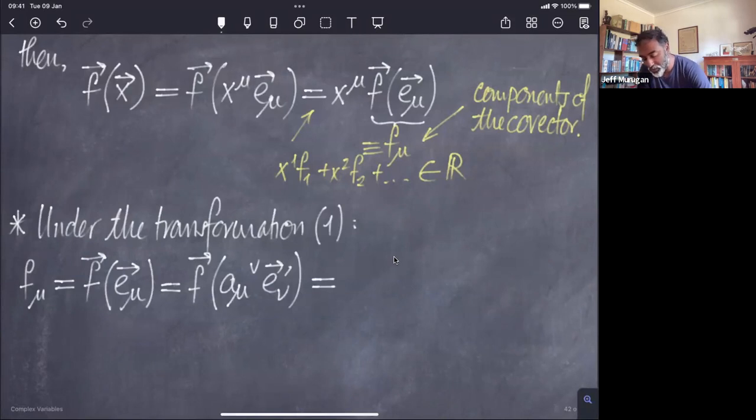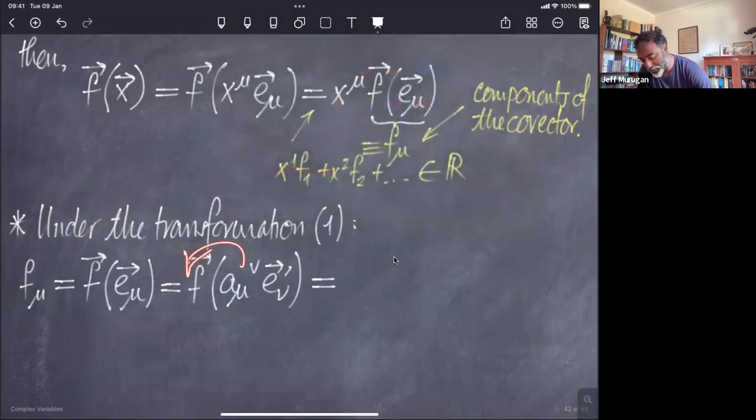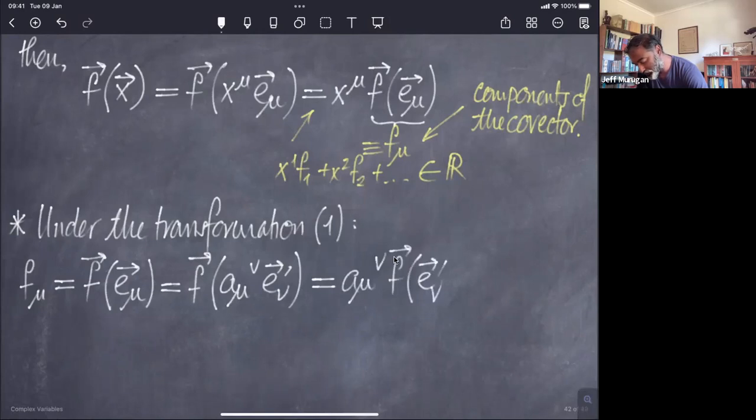So I can pull these guys out. And that's just A mu nu, f acting on E nu prime. But this is just the components of f in the primed basis.